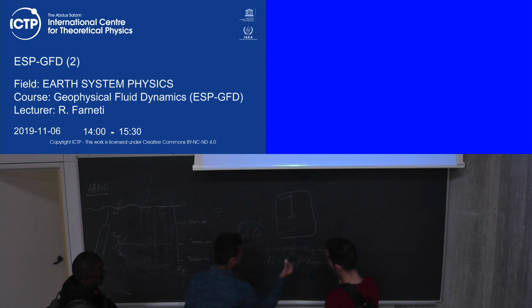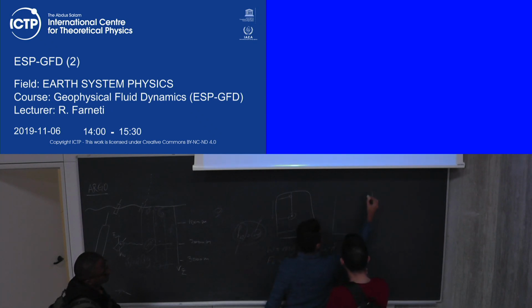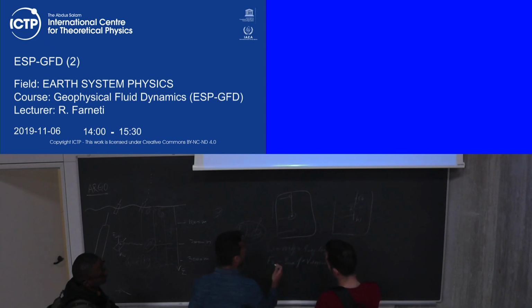For example, if this is the system and you are here, weight always acts in the downward direction and buoyancy force always acts in the upward direction. Where you are is determined by the difference of the two.